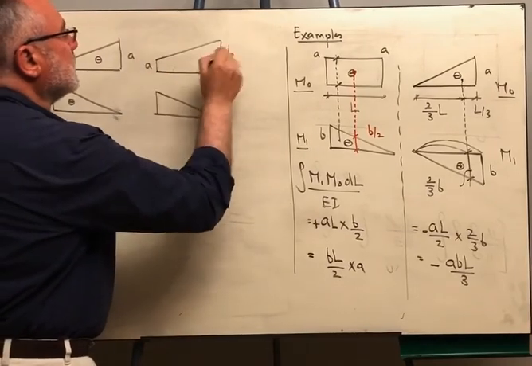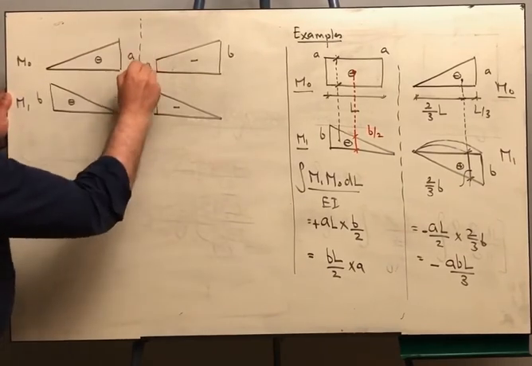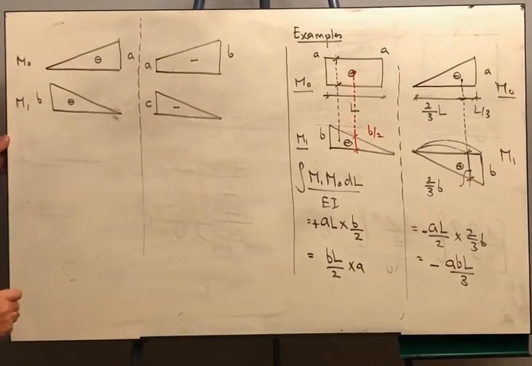So this is A, this is B, this is negative, and this is C. Let us see what we can do here.